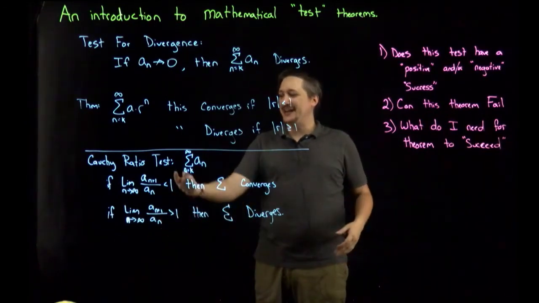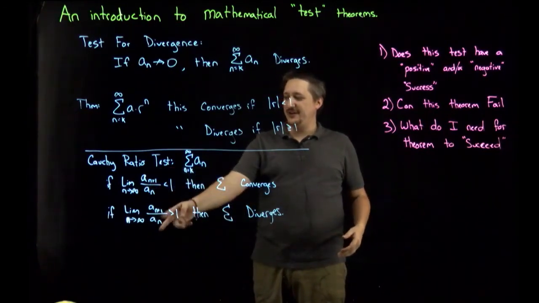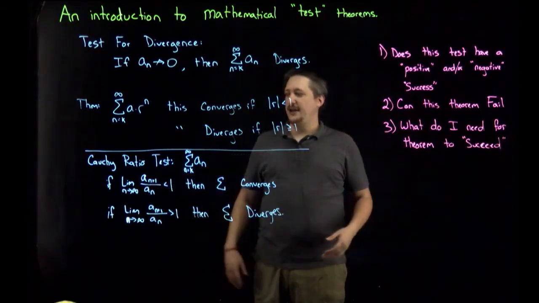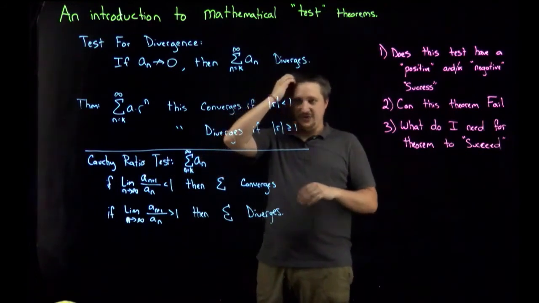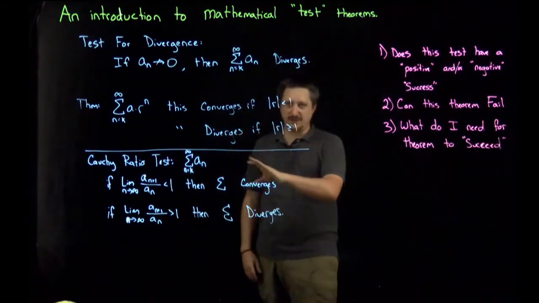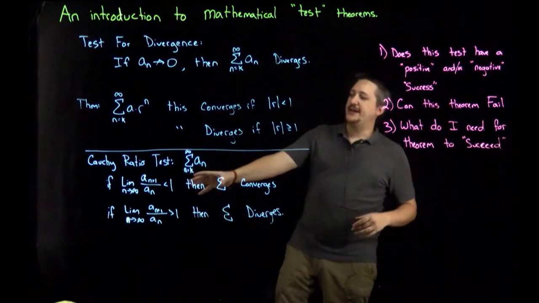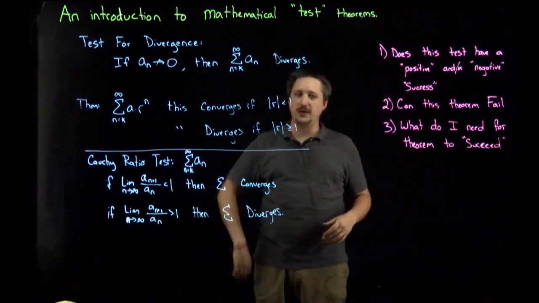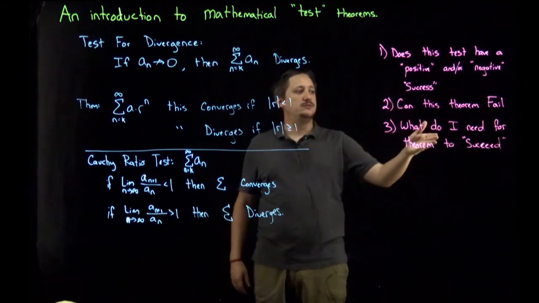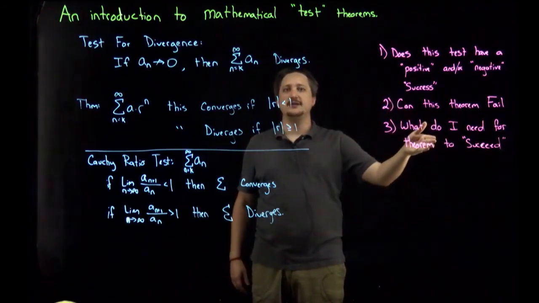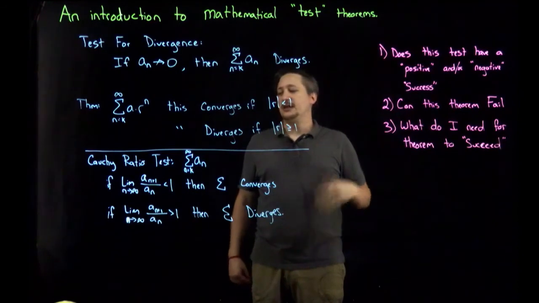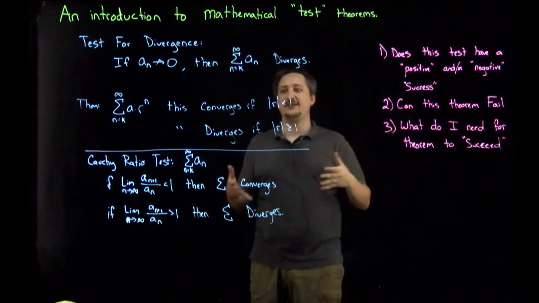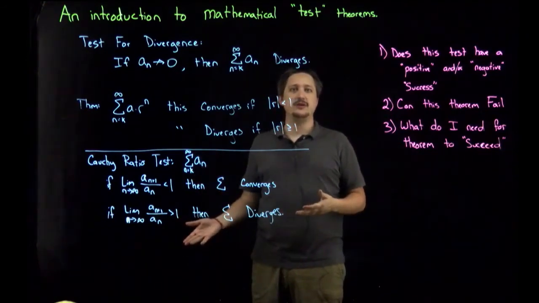So if I take the limit of a_{n+1} over a_n, and there's some more stuff I didn't write carefully because we haven't covered this yet, but if I get this thing and it doesn't give me 1, if it gives me something smaller than 1 or bigger than 1, then I know I got something. It tells me something definitive. Likewise, if it gives me 1, then I know that it didn't tell me anything, and so that test was a waste of time.